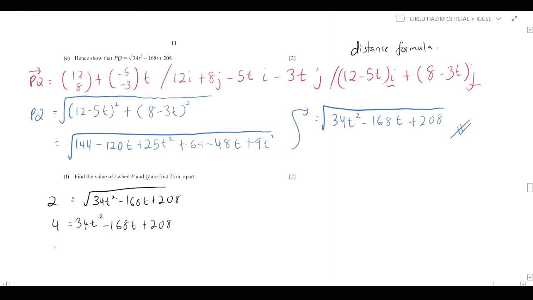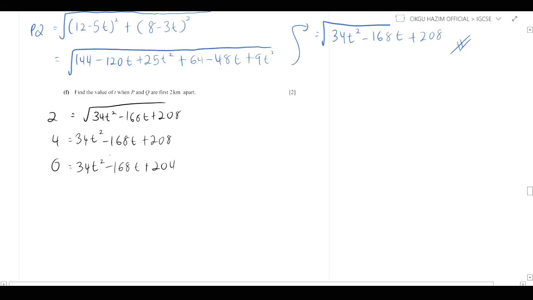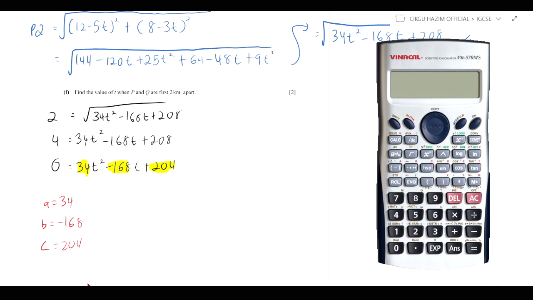Move 4 to the right side: 0 equals 34t squared minus 168t plus 204, since 208 minus 4 is 204. From here we can apply the quadratic equation in the calculator: mode, 3 times, then mode 1 more time, press degree. A equals 34, b equals negative 168, and c equals 204.